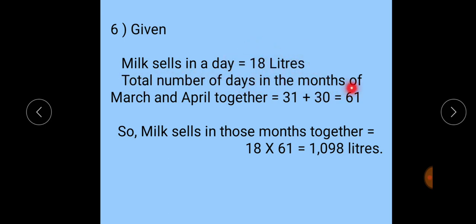We have to find out the total number of days in the months of March and April, because it asks how many liters he sells in both months together. So the total number of days in March and April is 61. So milk sales in those months together is 18 into 61, 1098 liters.